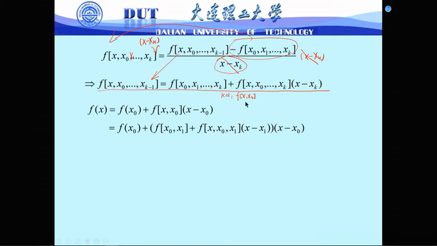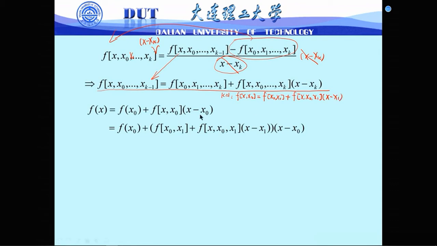And it equals f[x0, x1], since k equal to 1, plus f[x, x0, x1] multiply x minus x1. It's okay? x minus x1.